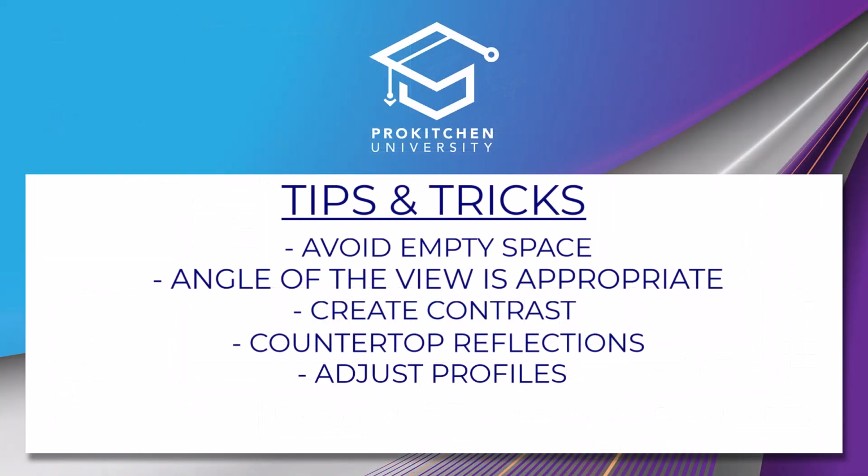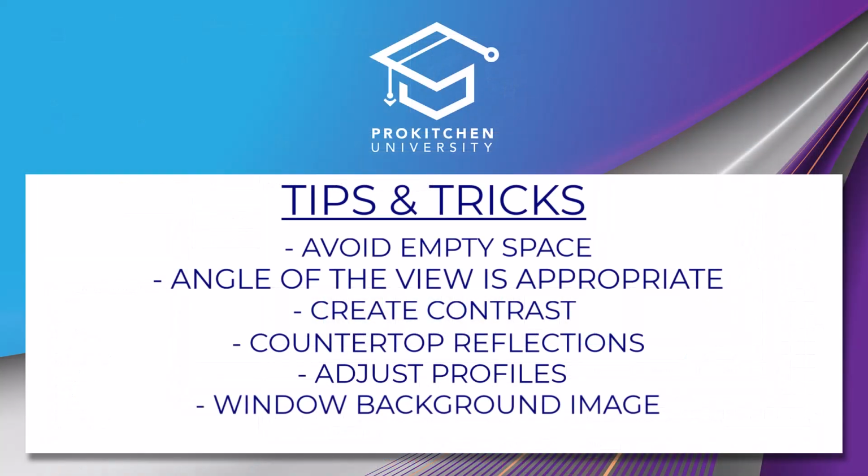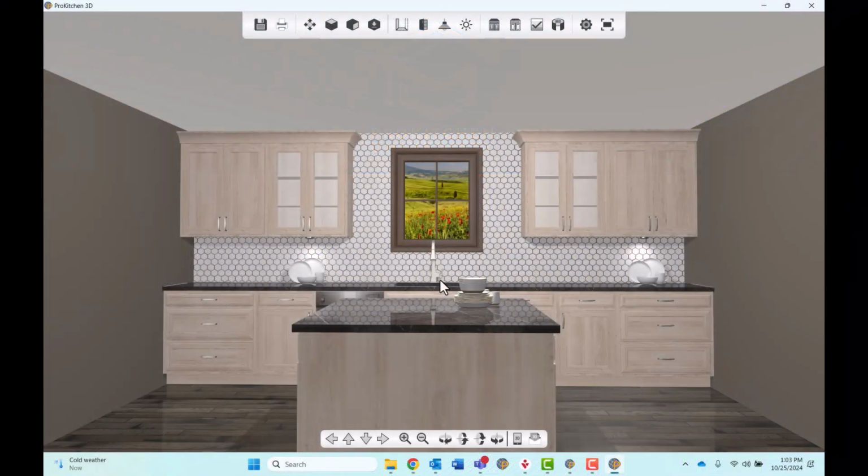Another item to be aware of is the window or glass door background image. Using high-quality digital images for the backgrounds of windows and glass doors is strongly suggested. However, at full saturation, these may look not as natural and a little out of place within the 3D rendering.